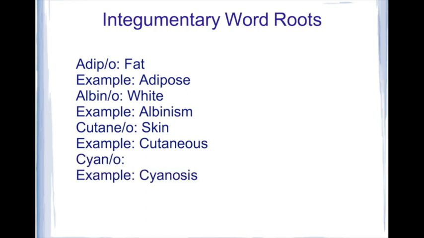Cyano, like cyanosis. What is cyanosis? This is another color, of course. Cyanosis can occur if you are choking or if you have something like hypothermia. What color does your skin turn?